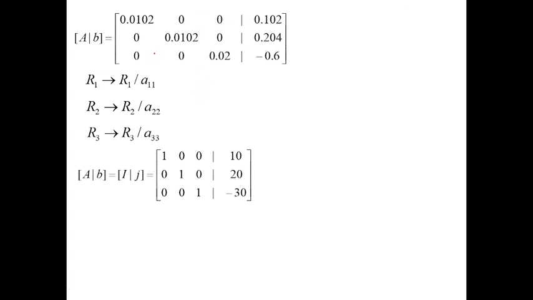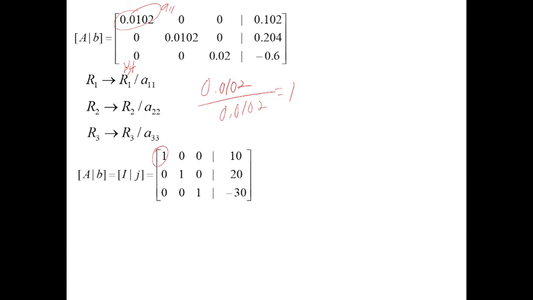Okay? So start here, R1 first element, 0.0102, divided by A11. What is R1 first? 0.0102. What is A11? This one, 0.0102. So we get 1.